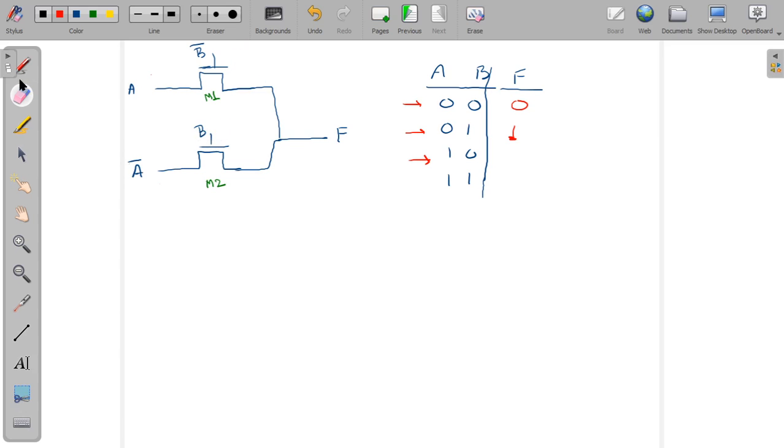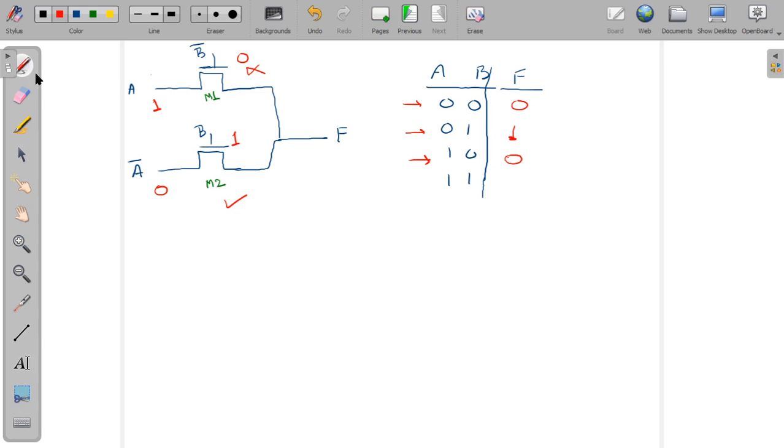Just a small mistake that I have done here, that in this case B is 0.